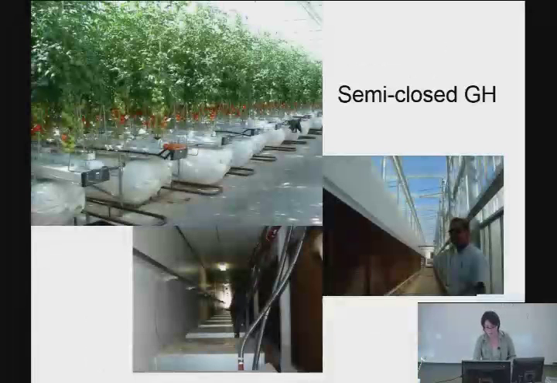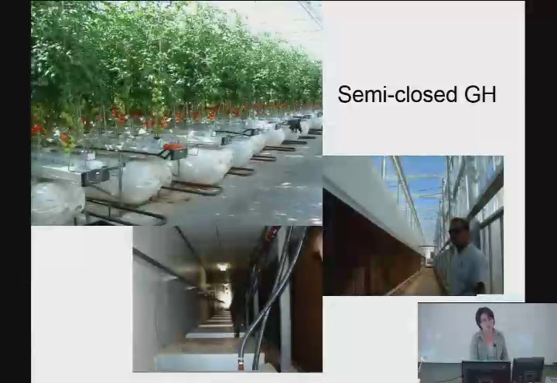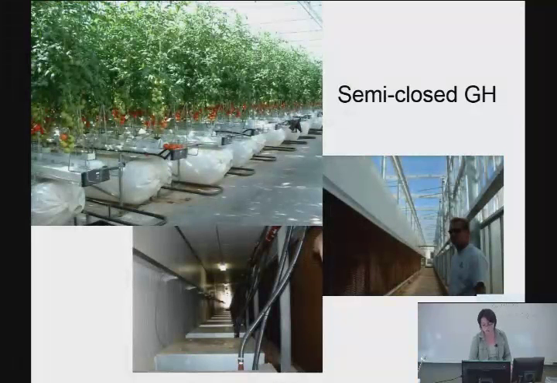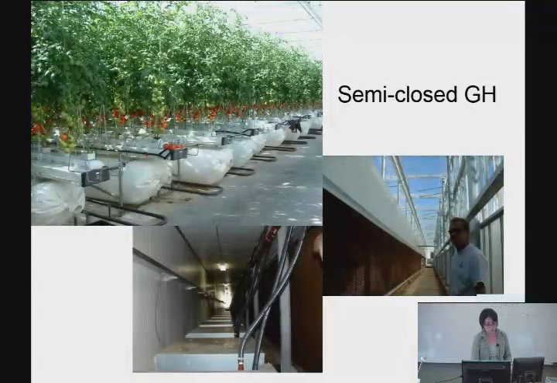All right, and this is what we call semi-closed greenhouse. This is a high-tech greenhouse we see, and I will have the opportunity to talk more about this in one of the lectures.